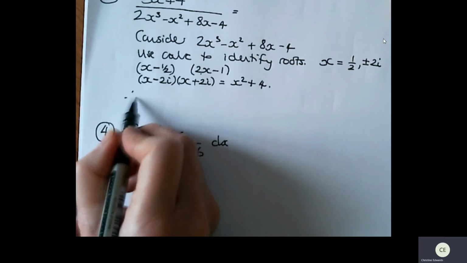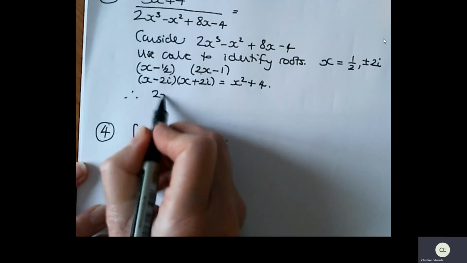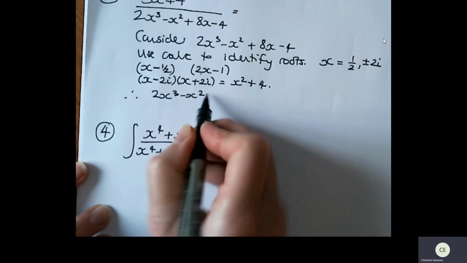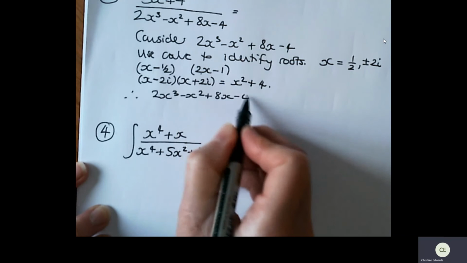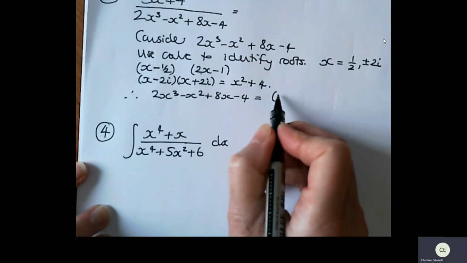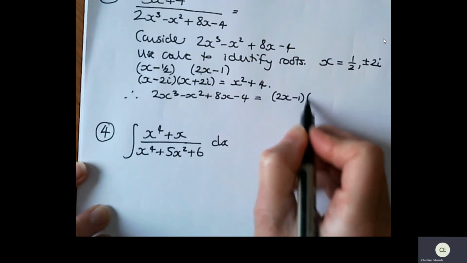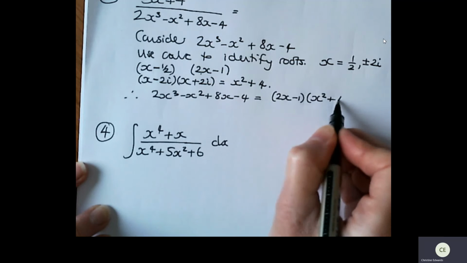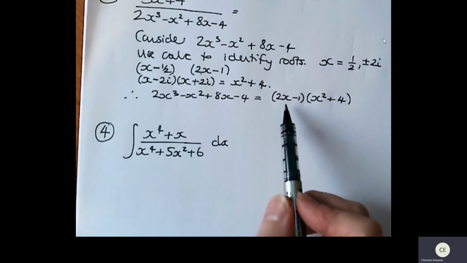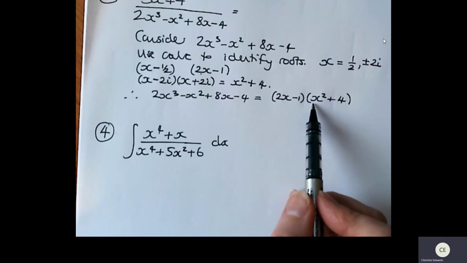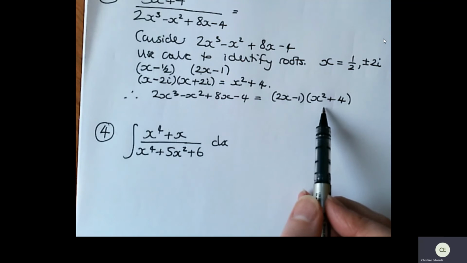So therefore, the denominator, 2x cubed minus x squared plus 8x minus 4 can be written as 2x minus 1 and x squared plus 4 as the factors. And now those as denominators lead us into doing partial fractions in the same way that we did partial fractions in example 2. So I'm not going to take this question any further.